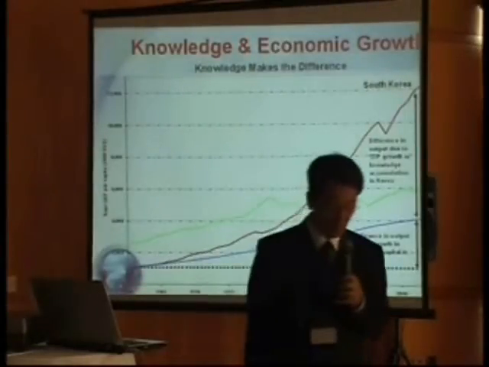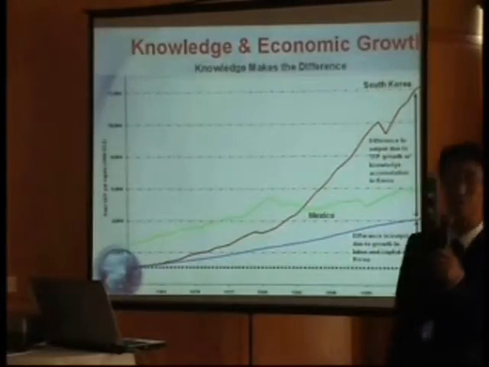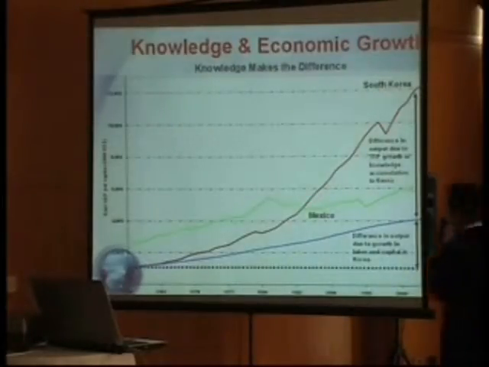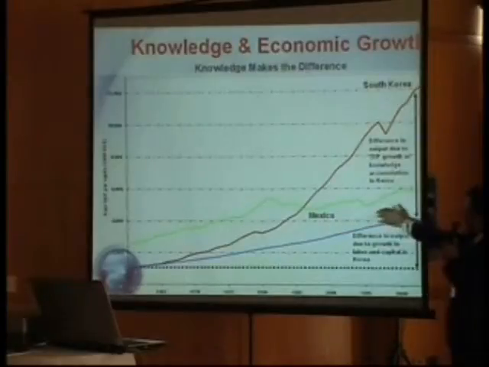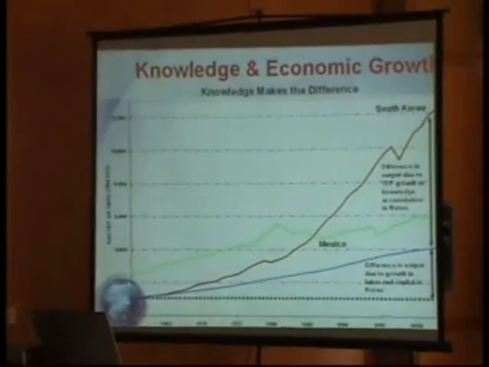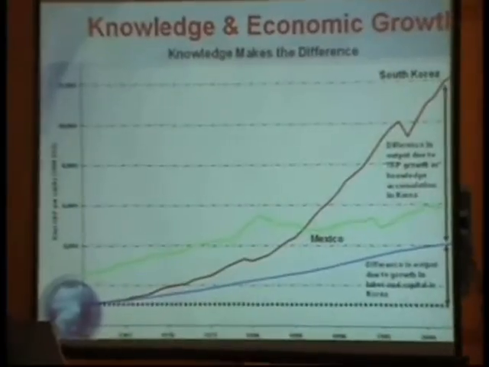This is a research analysis done by World Bank economists. I brought it. The finding is that they compared economic development between Mexico and South Korea, where massive input by government and production factors was the same. But the result is quite different.